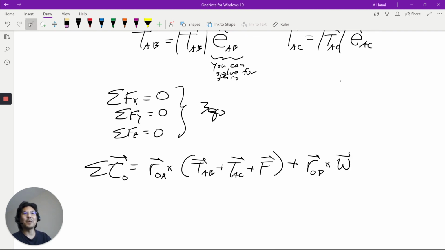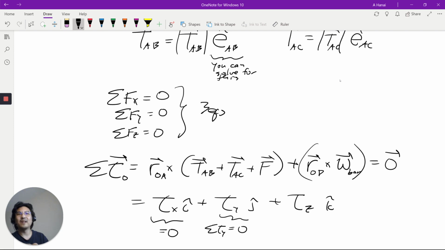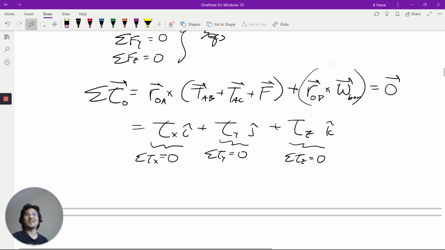Cross the weight of the bar. Right, so you do this whole cross product, you're going to get something I, something J, something K. Right, but then this equals 0, this equals 0, and this equals 0. So another 3 equations. So you have as many as 6 equations.